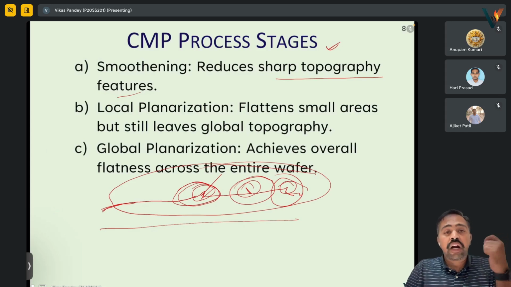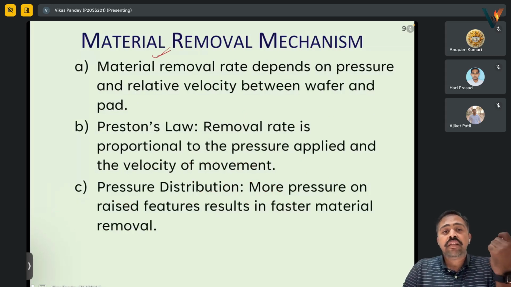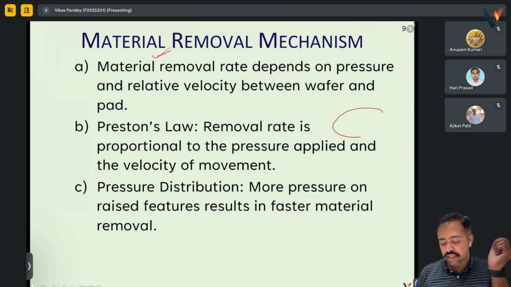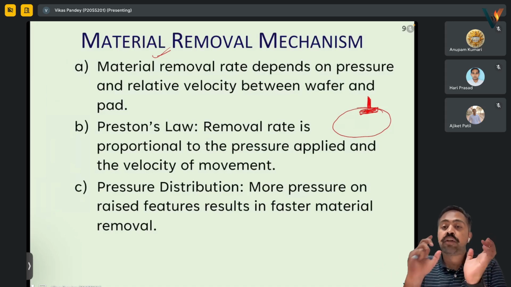So how are these materials actually removed? The material removal rate depends on the pressure and relative velocity between wafer and pad. It can be of either type: the wafer and the pad, the pad being made of an adsorbent material, are moving with respect to each other.